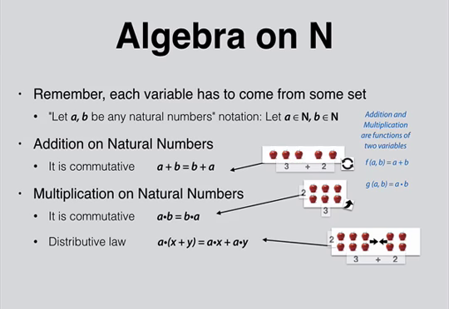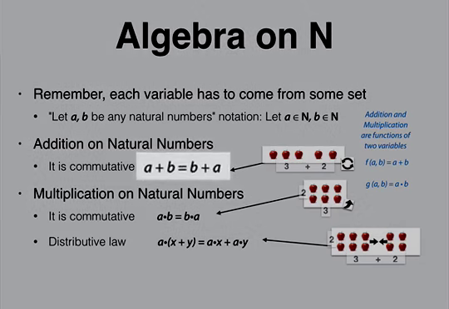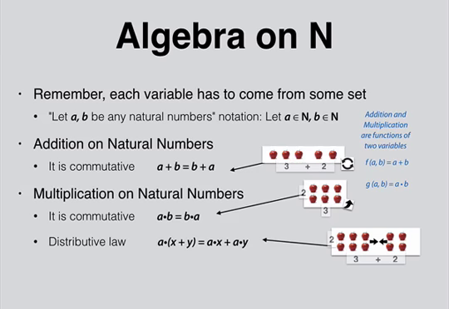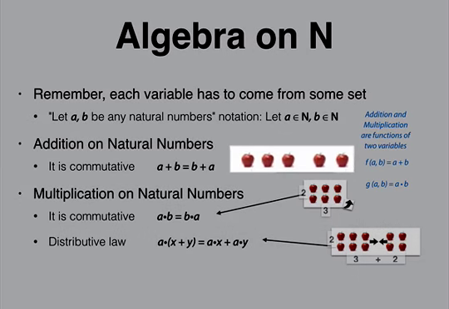So if you're an ancient person and you want to prove that 3 plus 2 is 2 plus 3, or more generally that A plus B is B plus A, then you could do it this way. You got the 3 apples and the 2 apples, right? And if you flip this kind of 180 degrees, you get 2 apples plus 3 apples. You still have the same apples, but you got B plus A instead of A plus B.